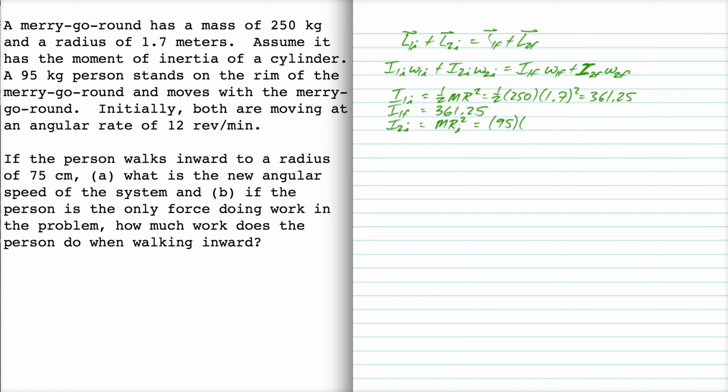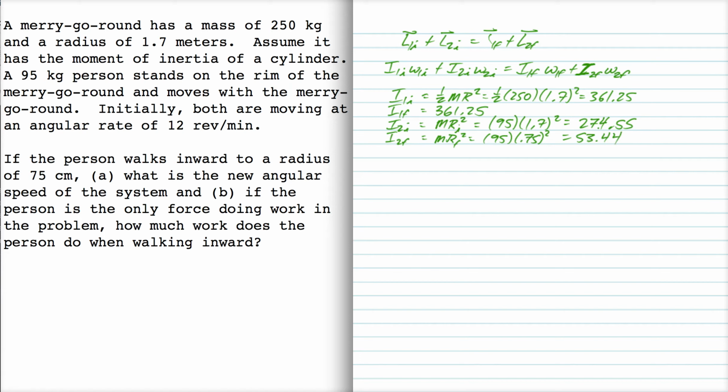So the rim of the merry-go-round, that's radius 1.7 squared, and so the person's initial moment of inertia is 274.55. But then the person walks inward to a radius of 75 centimeters, so the final moment of inertia for the person is different. It's 95 times 0.75 squared, which is 53.44.